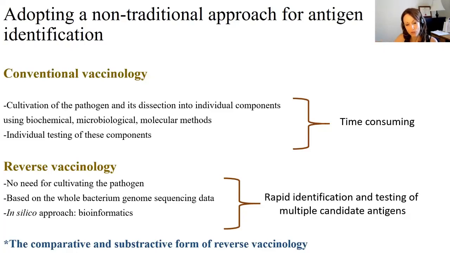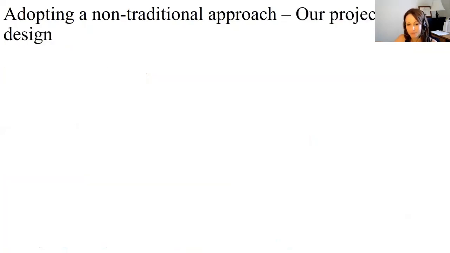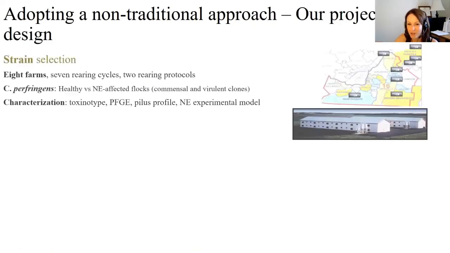Moving to the subtractive form means that what is unique to the virulent clones will be identified and isolated, so we can specifically work on genetic determinants that appear to be unique to the virulent clones and that can potentially play a significant role in the virulence of the pathogen, but also in the immunity that is elicited in exposed animals.